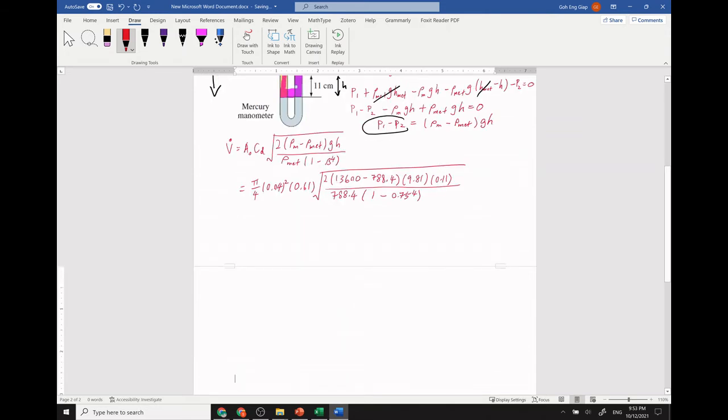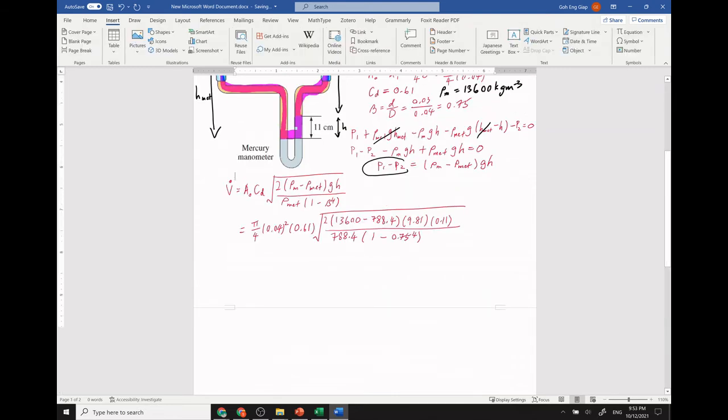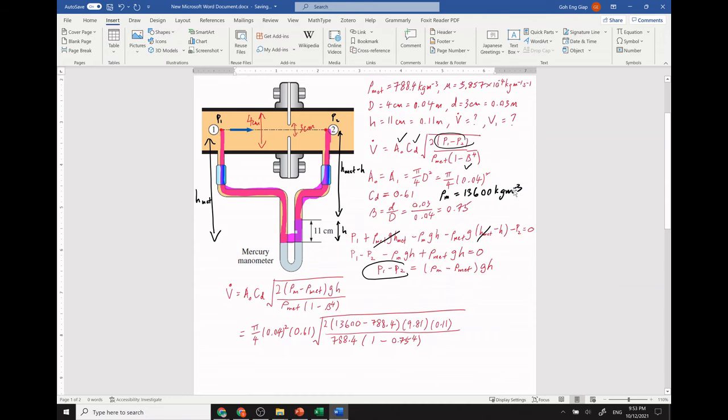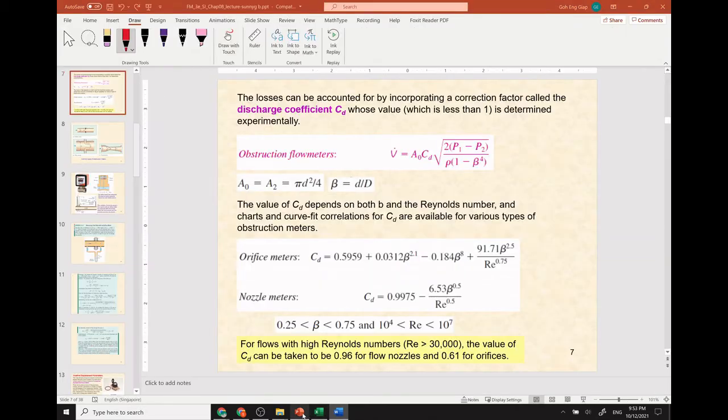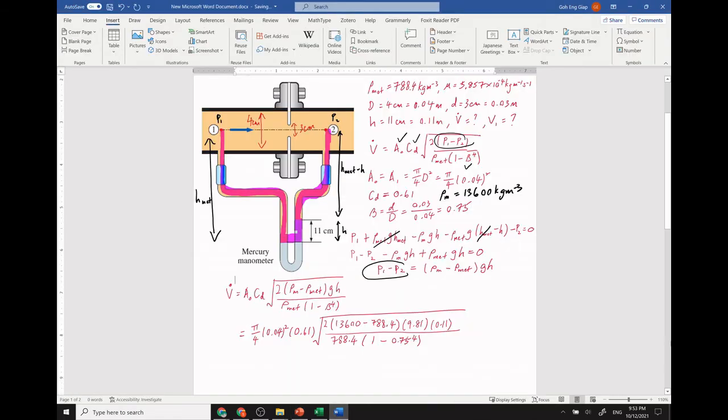If we do this calculation, let me just check, make sure everything's correct. I think we made a mistake somewhere. Yeah, I made a mistake here.